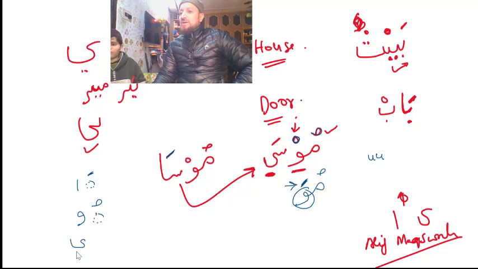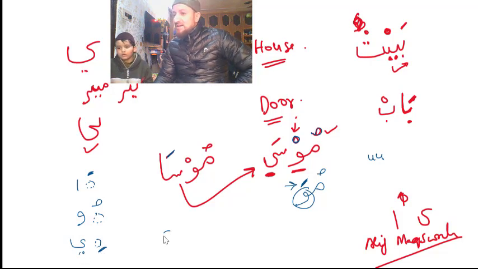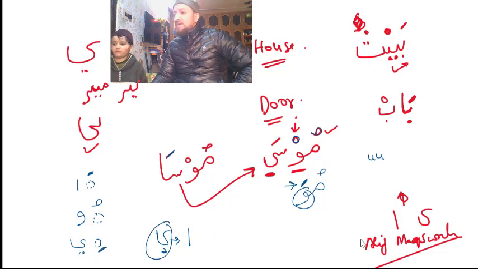For the ya, the preceding letter should have kasra, then it is ee. This is oo, this is aa, but only when the preceding letter has fatah for the alif, dhamma for the vav, and kasra for the ya. And if we have a ya somewhere without two dots, it is nothing but alif, and this alif is called alif maksura.